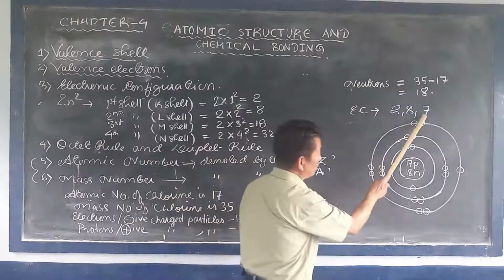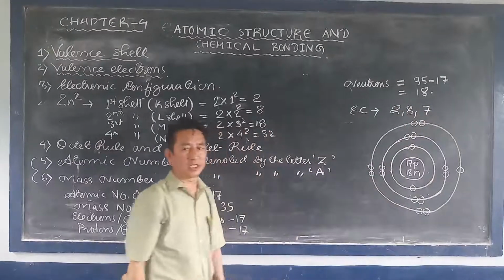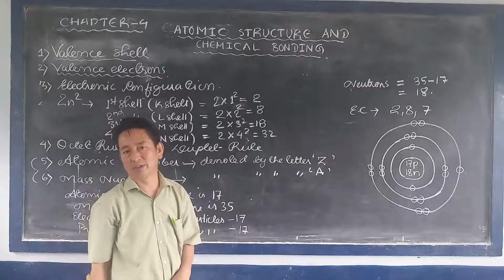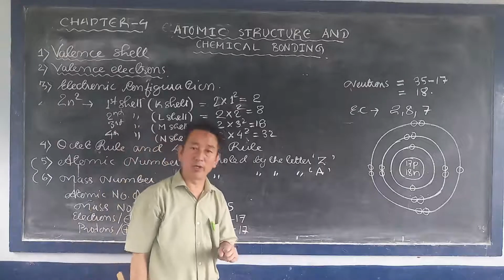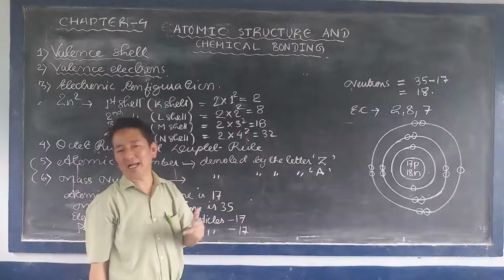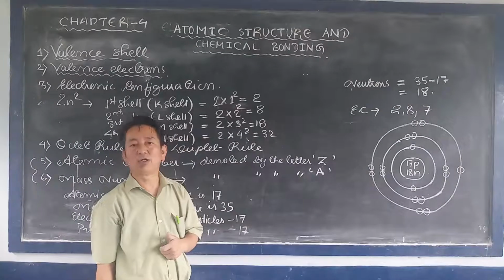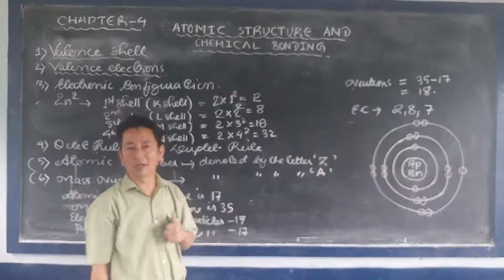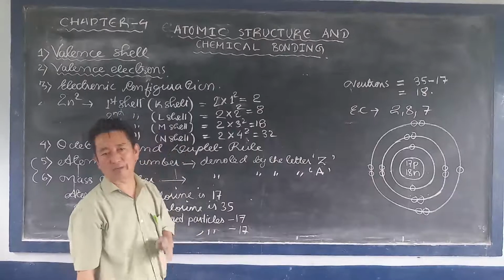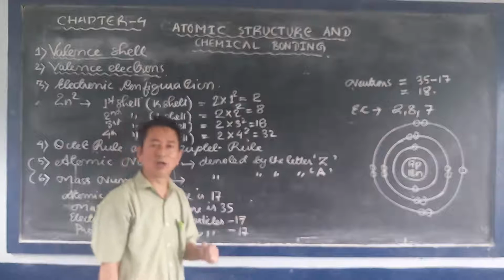So here the outermost shell of this chlorine atom has 7 electrons. So chlorine is a non-metal. I already told you if an atom has 1, 2 or 3 electrons in the outermost shell, that atom is a metal. If the outermost shell of an atom has 4, 5, 6 or 7 electrons, that is a non-metal.